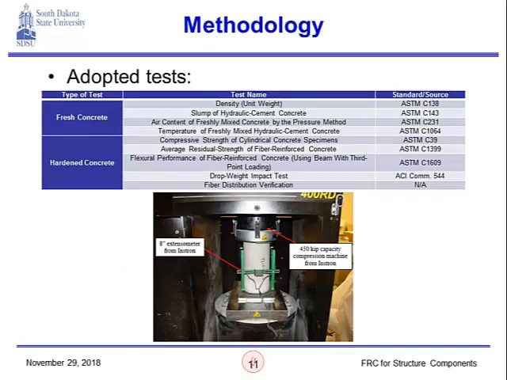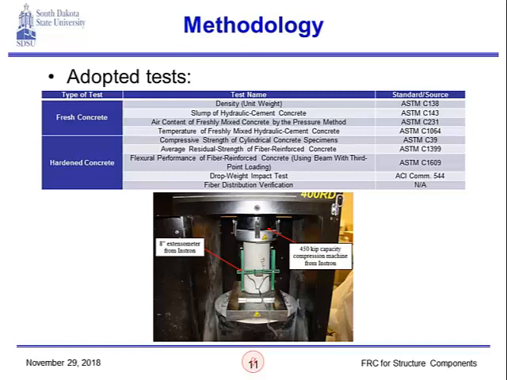Now here are the tests that we chose to conduct on the concrete, to see the effect of different fiber types and dosages on these properties. For the fresh tests, we did the typical ones, which are density, slump, air content, and temperature, according to ASTM procedures.